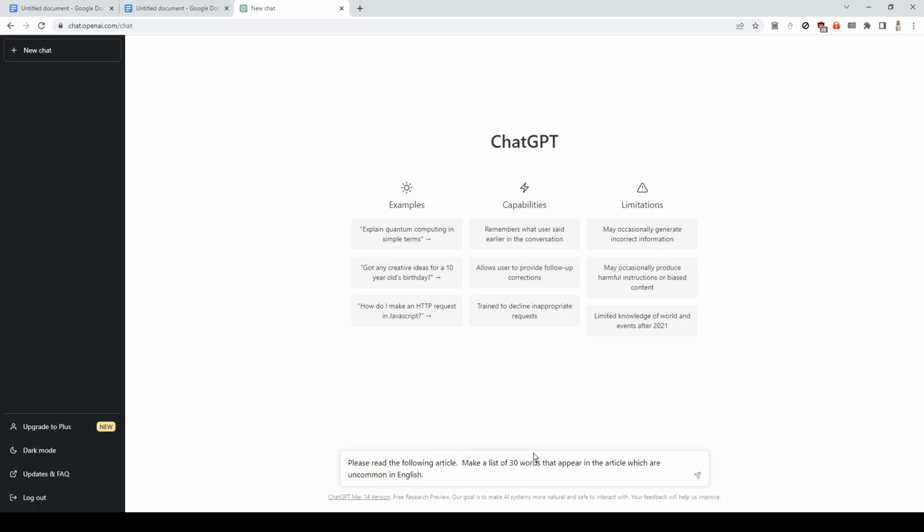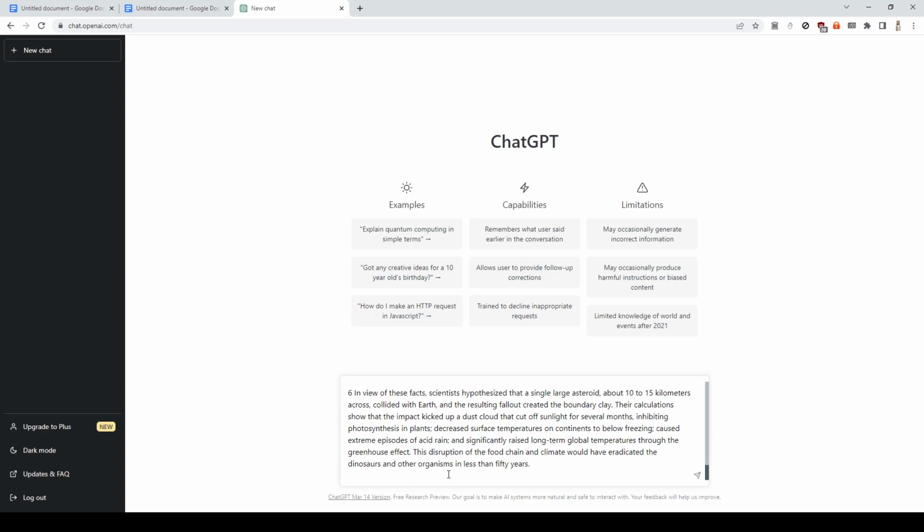I think 30 is a pretty good number. You can go 40 if you want. If the number's too high, you'll get a lot of easy words, but if the number's too low, you'll only get the really technical words. You know what? Let's do a bit more. Let's say 33. I want more words. And then, of course, I will paste in the article, and let's see what it gives us.